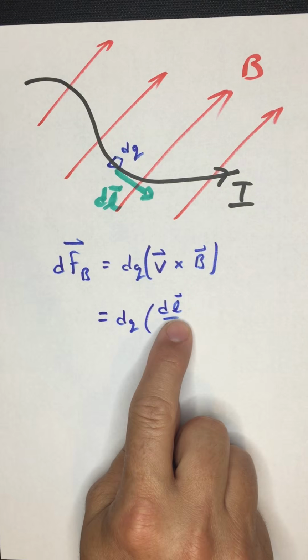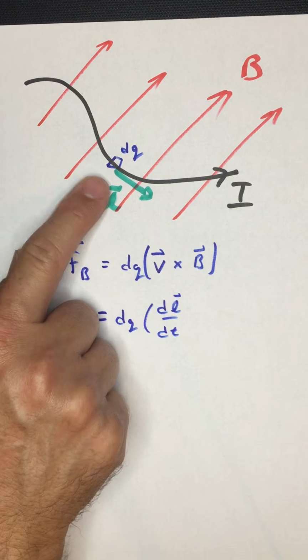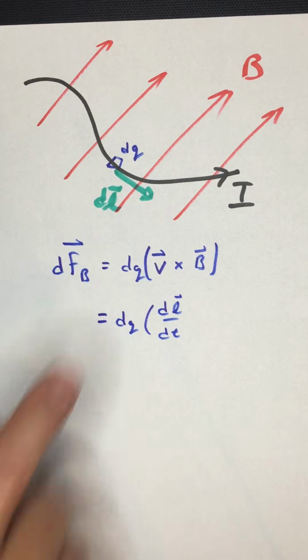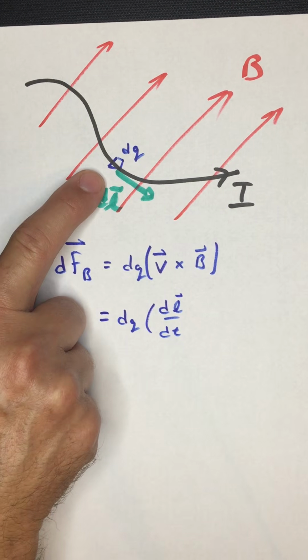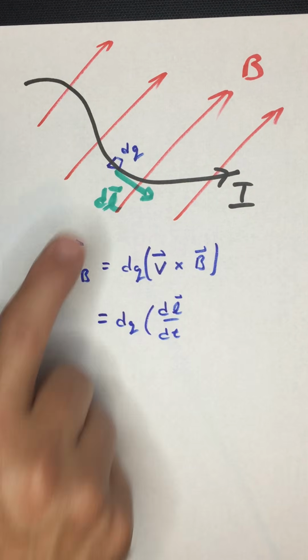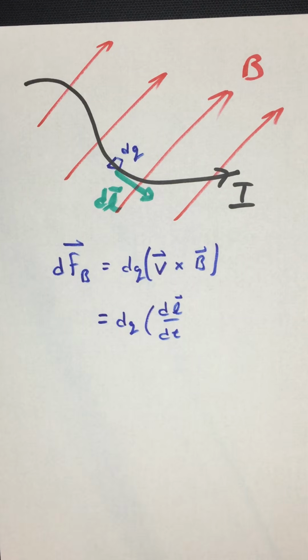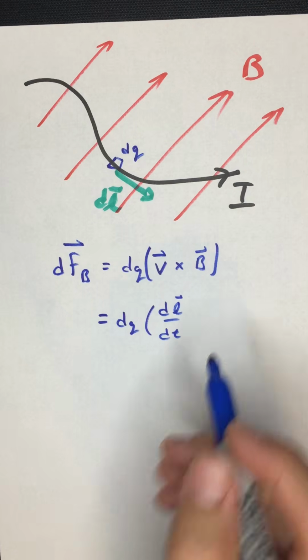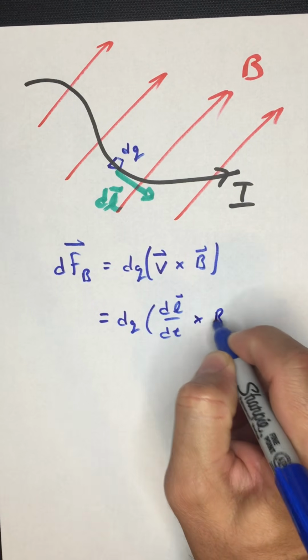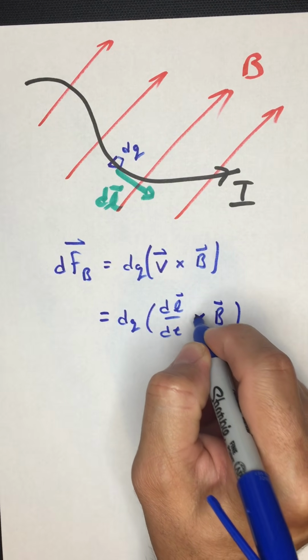In physics 1, you probably saw this as dx dt, dy dt. dl just tells you that the velocity has to take into account the actual path, the actual displacement. So this is my differential displacement element. The time derivative of that is going to get me the velocity, and then cross B. All right, so here's where I'm going to play a little fast and loose with the calculus.